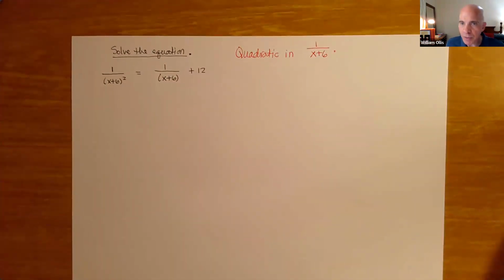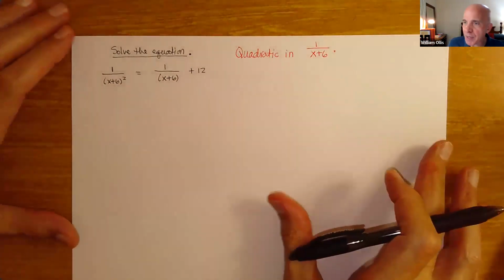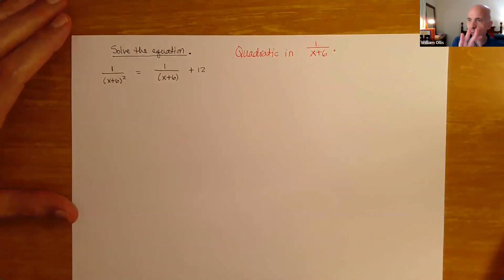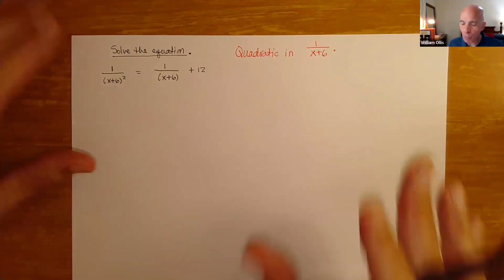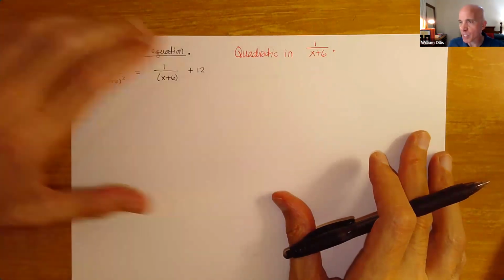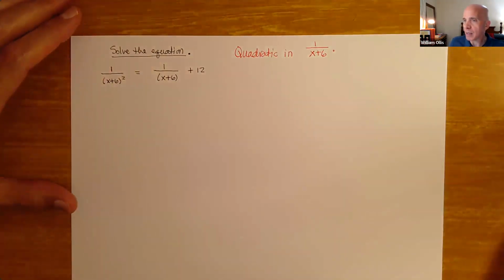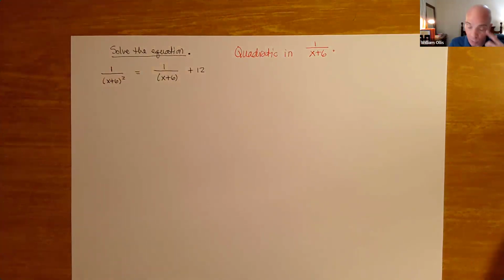So there's nothing new about this. The first problem we had quadratic in x squared. The last problem we have quadratic in x to the 1/3, and now we have quadratic in 1 over x plus 6. Like I was saying earlier, like having quadratic in a fractional term.